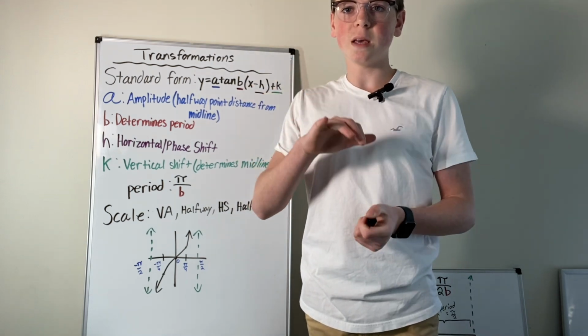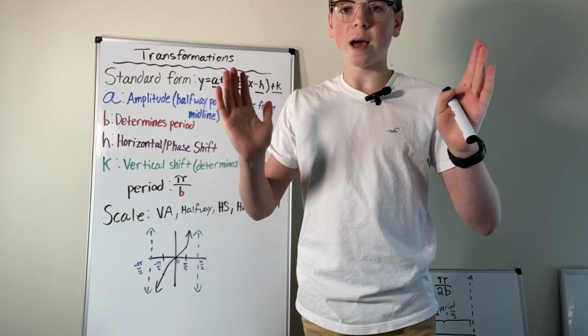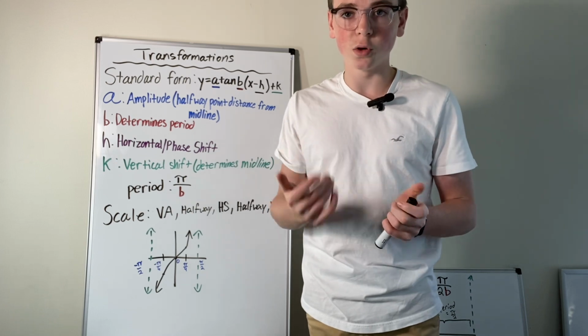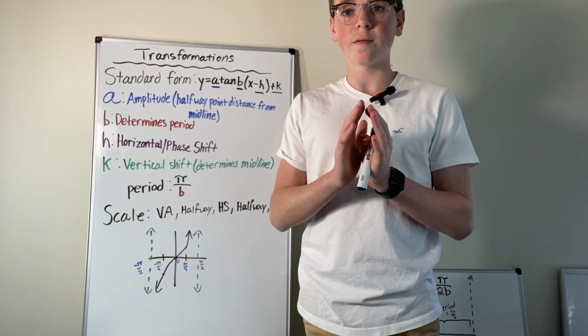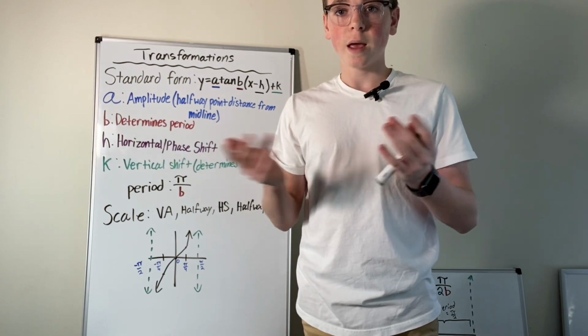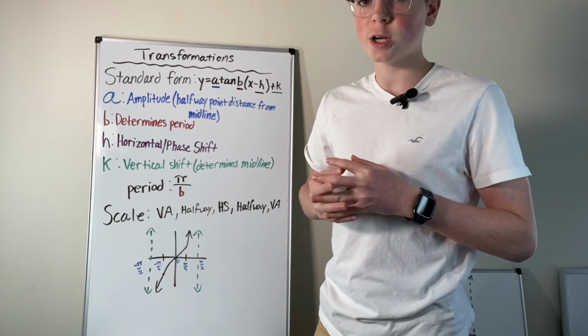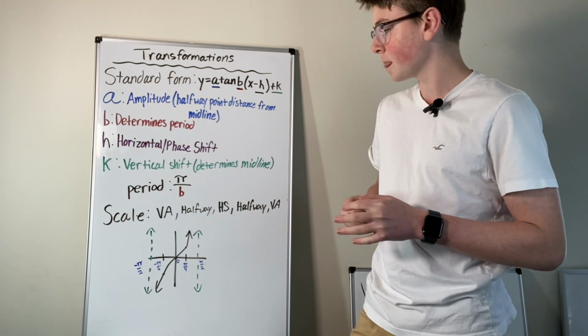So if b is greater than 1, our period shrinks and our graph compresses. If b is 1/2, then our period is 2 pi. So if b is less than 1, our graph stretches and our period gets larger. H is our horizontal or phase shift, and k is our vertical shift, which determines our midline.